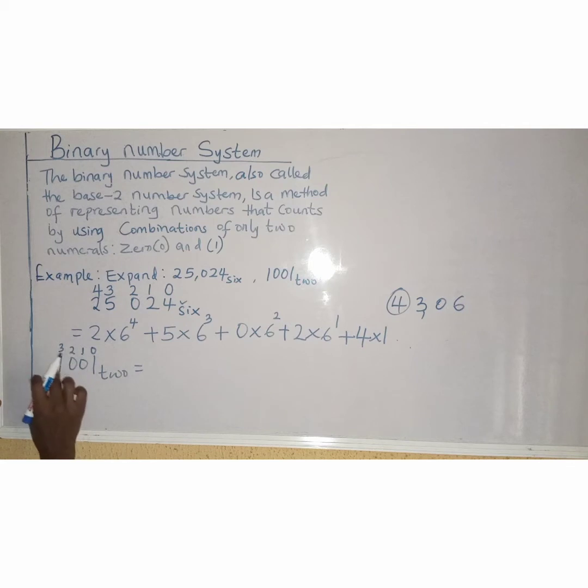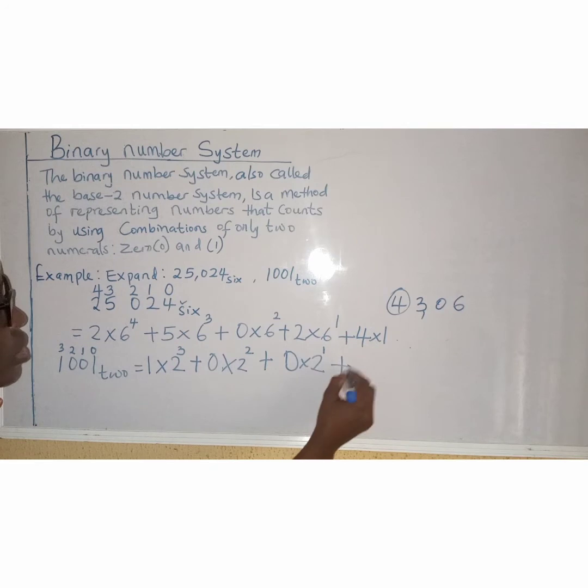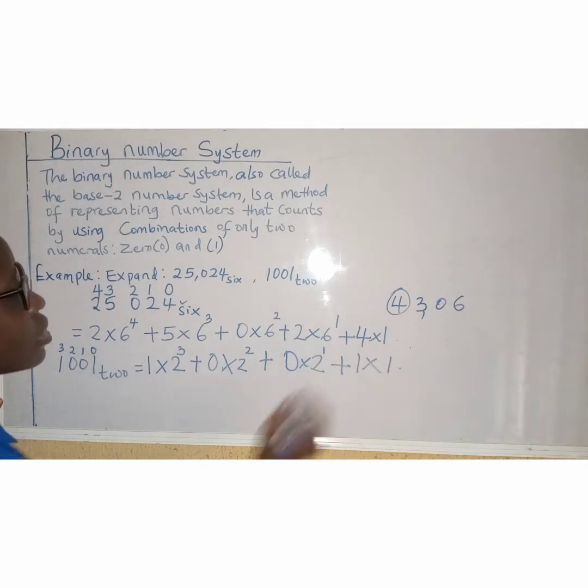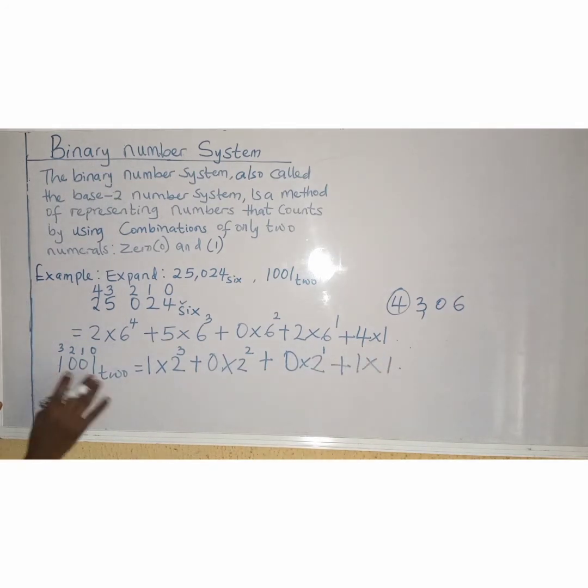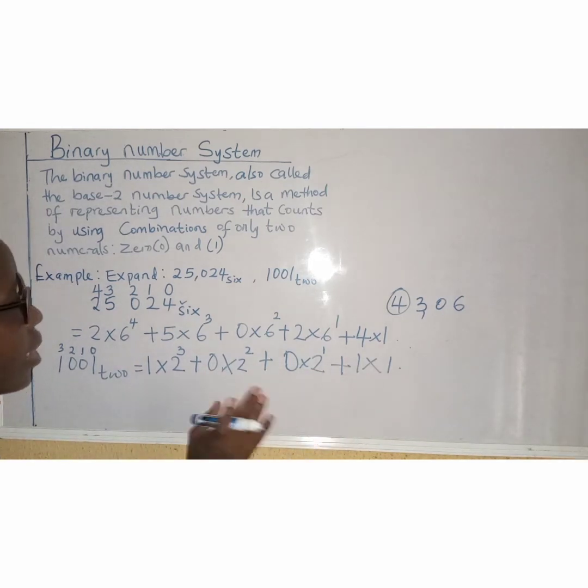Taking it back is going to be what? 1 times base 2 raised to power 3 plus 0 times base 2 raised to power 2 plus 0 times base 2 raised to power 1, then plus 1 times 1. That is expansion. We are not solving this to get our final answer.